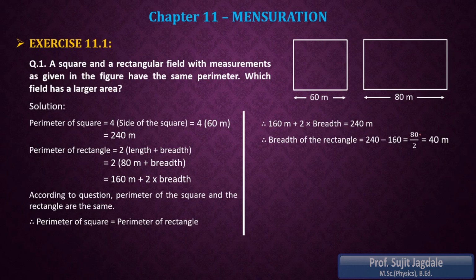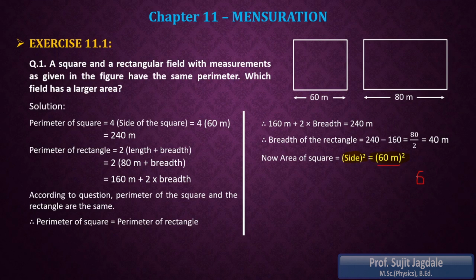Now we have obtained that unknown value. So now we can calculate the area of the square, whose formula is side square. The value of the side is 60 meter, and we have to take the square of this 60 meter. It is very simple to find the area, that means to take the square of 60.